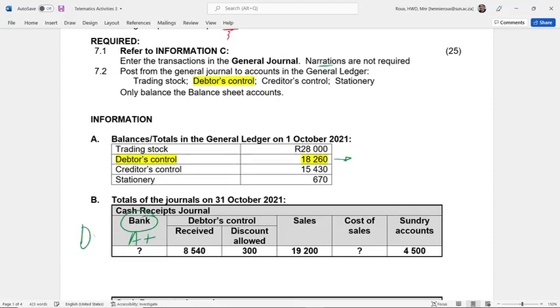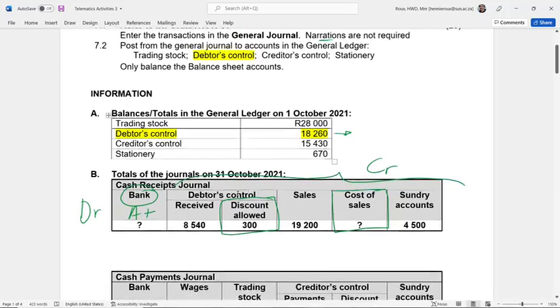So bank will be debited. All the rest will be credited, except for discount allowed, because that's not money received, and cost of sales, because that's also not money received. So whenever a transaction says we receive money, we know we debit bank. And then we credit the other account.